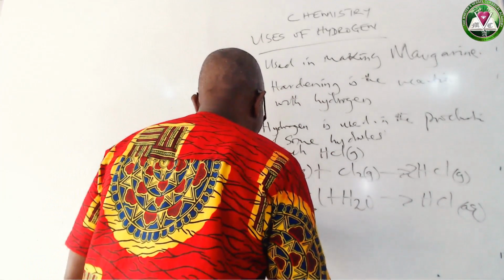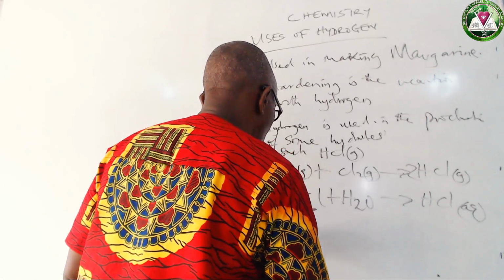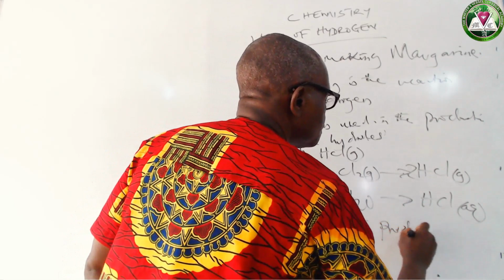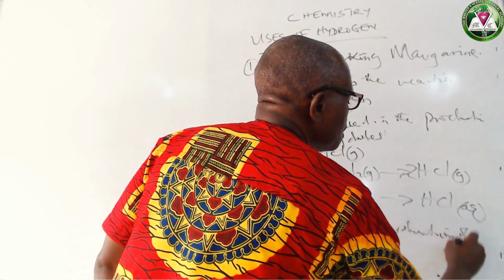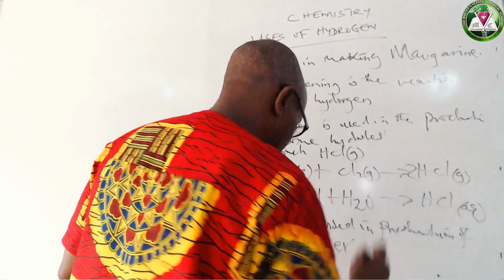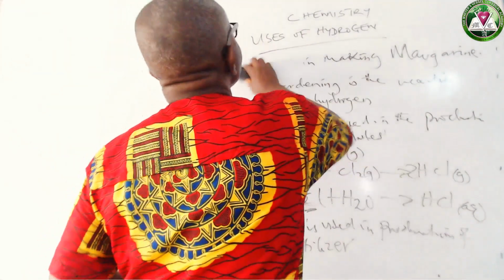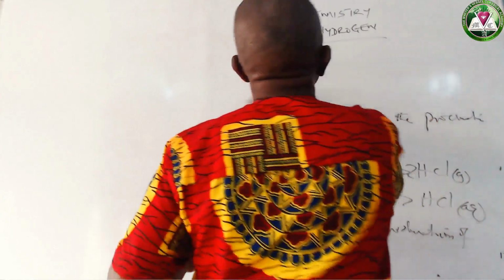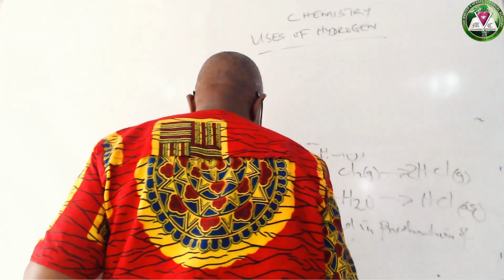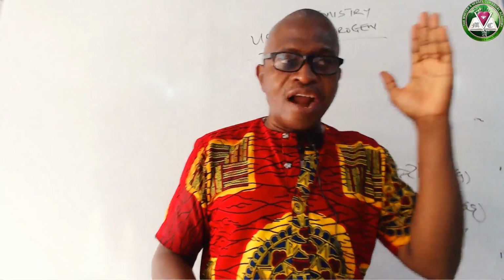Then the third one, hydrogen is used in production of fertilizer. Hydrogen is used in production of fertilizer. You don't use hydrogen to produce fertilizer directly.